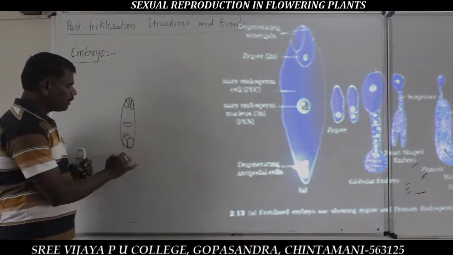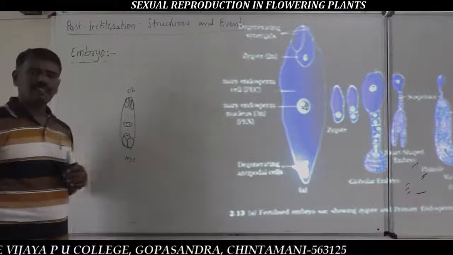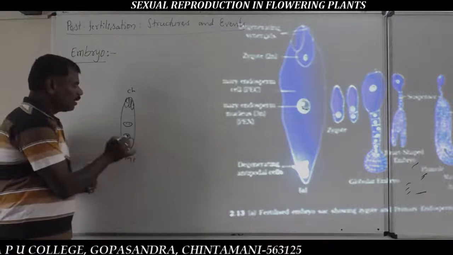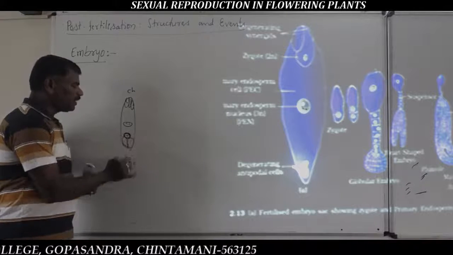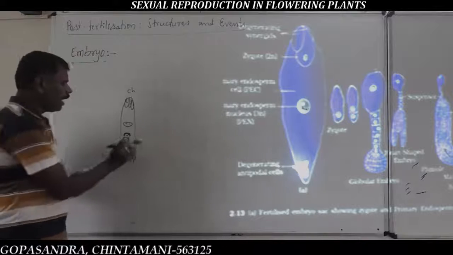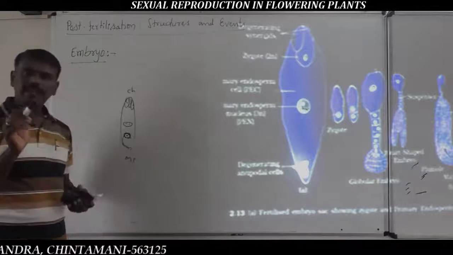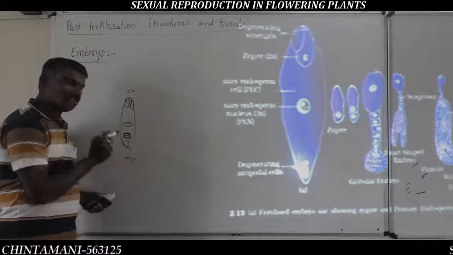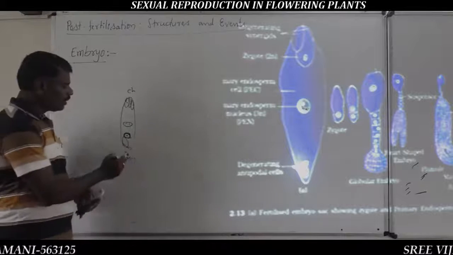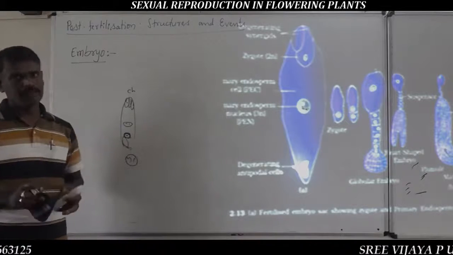This is the micropylar end, and this is the chalazal end. Because the egg cell is present towards the micropylar end, embryo development takes place in the embryo sac towards the micropylar end.